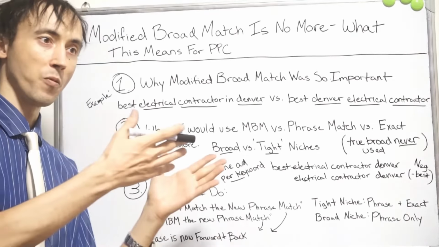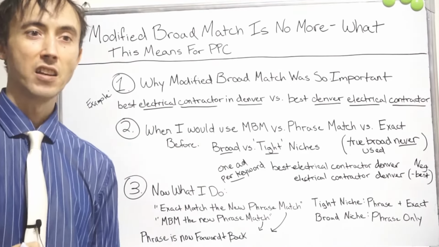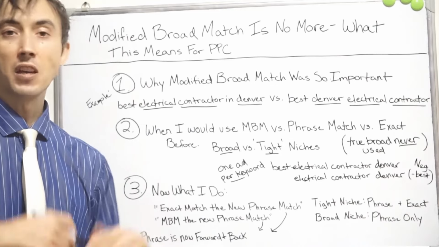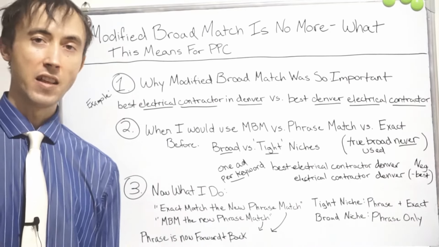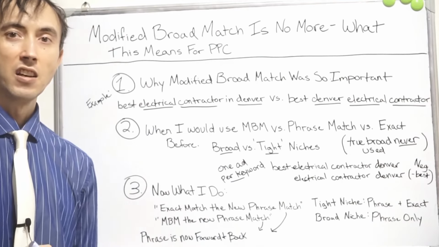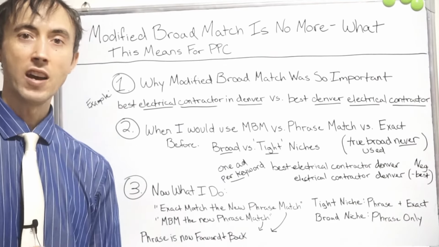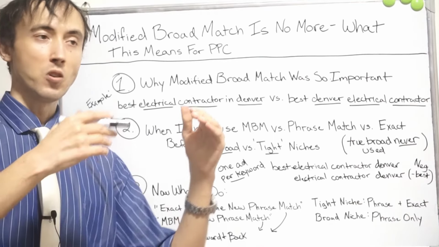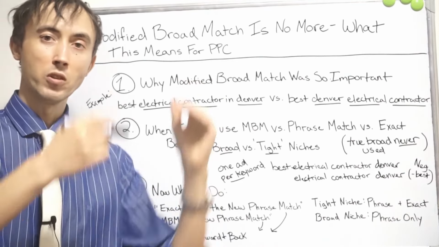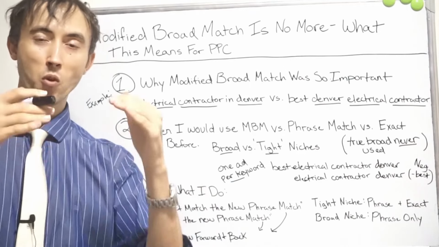Now we've got to use what is now like modified broad match for that, and it makes things a little bit more difficult, but that's the best way to work around it, or the only way we can work around it, I should say, and just deal with it. If you figure everybody else has to deal with it the same way, then Google will eventually be forced to lower the cost per click on everything, because you're now paying for more junk clicks.